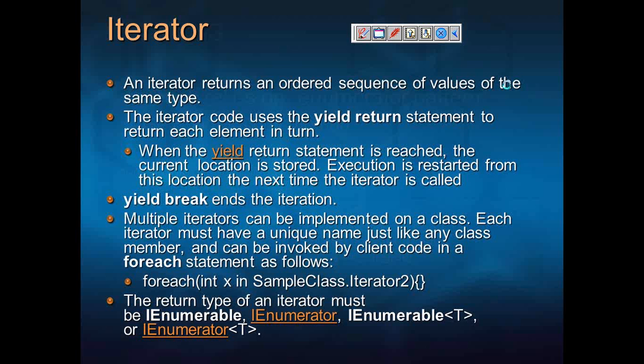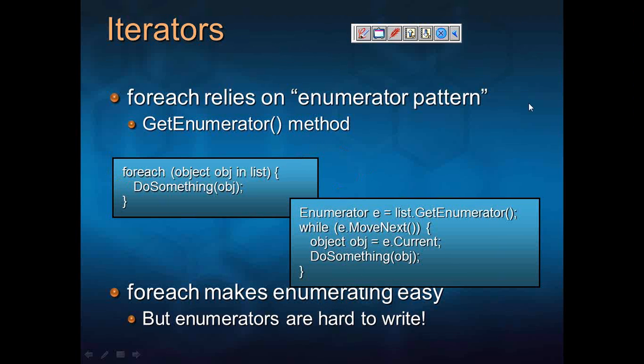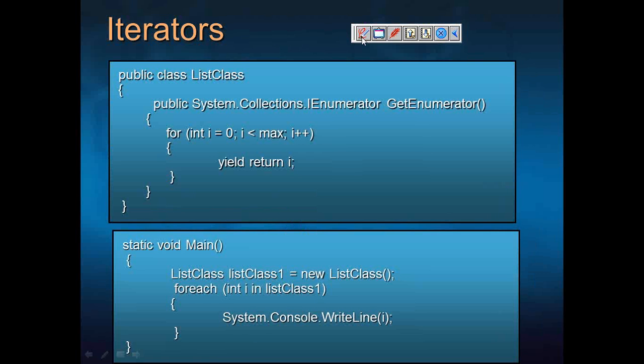So the foreach loop relies on the enumerator pattern in C#. When we are actually using a foreach loop on some collection, underneath this is what is happening. So foreach makes enumerator iterating easy, but the enumerator itself is difficult to write. The code writing for an enumerator is difficult, so we can use an iterator. This is how we write an iterator. This is the class in which we have the iterator.